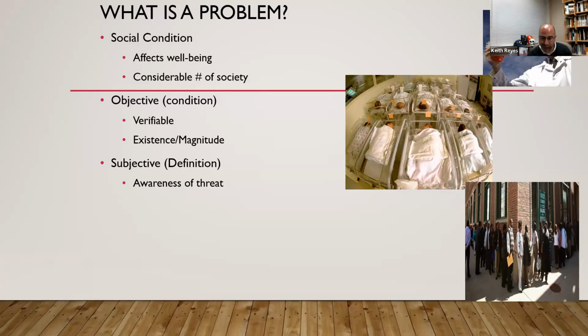Okay, so you can have millions and millions of people being exterminated in concentration camps, but it's not going to be seen as a social problem because the subjective component, the subjective dynamic, is lacking, right?